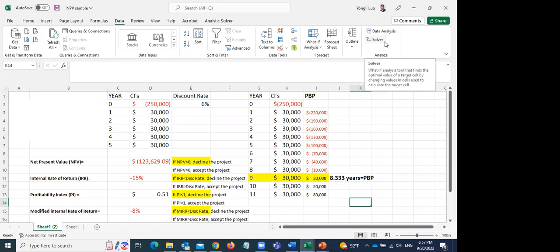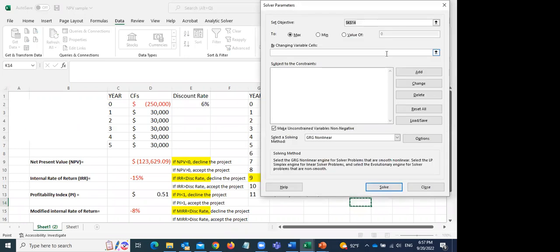Okay, so I'm going to show you maybe later so you can watch the video and know how I do that. Okay, you can see the Solver here. You click on Solver. So, set objective. That means which one you need to set. I want to set the net present value here.